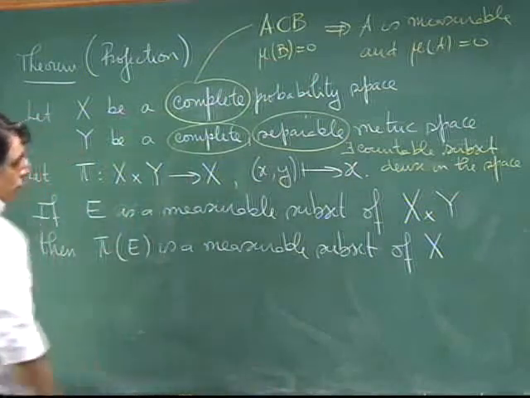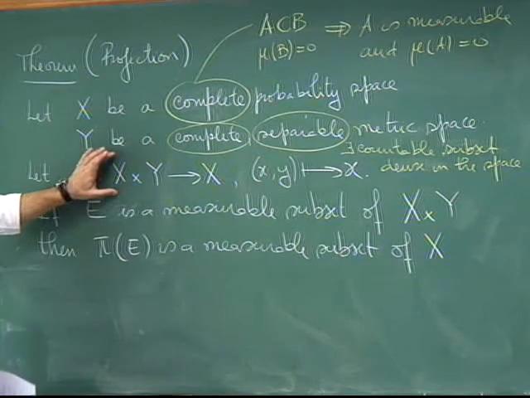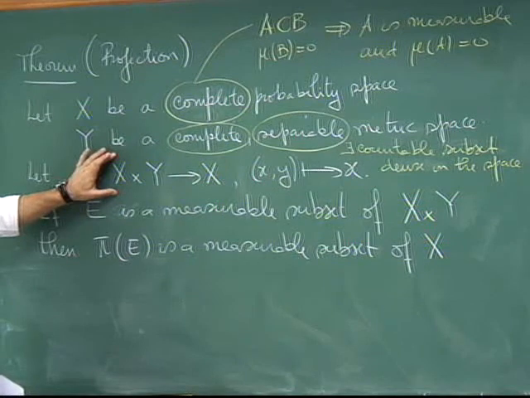Okay, and this is that every Cauchy sequence is convergent. There's only one last thing that I have to say, and that is what it means to be a measurable subset of the product.